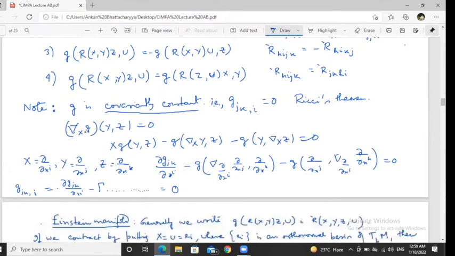That means del_X g(Y,Z) equals 0, so g_jk comma i equals 0. The covariant derivative of g is 0.